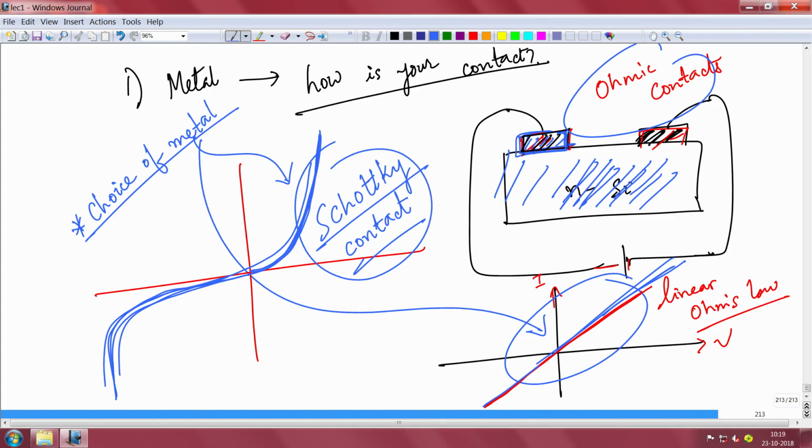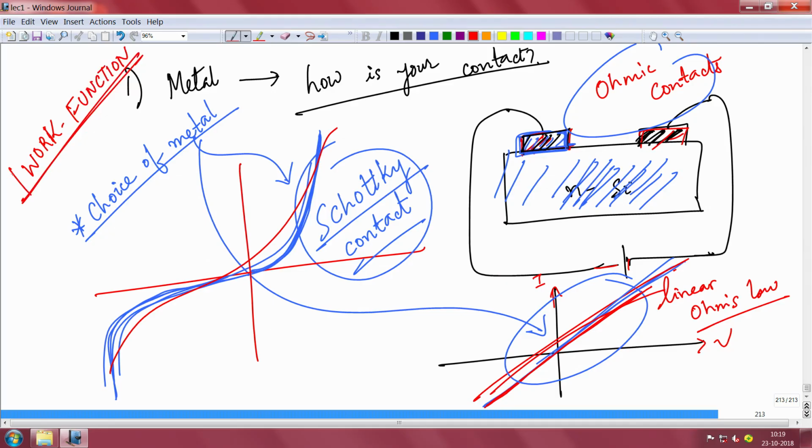And the reason why the choice of metals will form either this nonlinear contact or this linear contact is because of a property of metal called work function, because different metals have different work functions. If you recall from your high school physics and chemistry, work function is the energy required to knock off an electron from a metal.